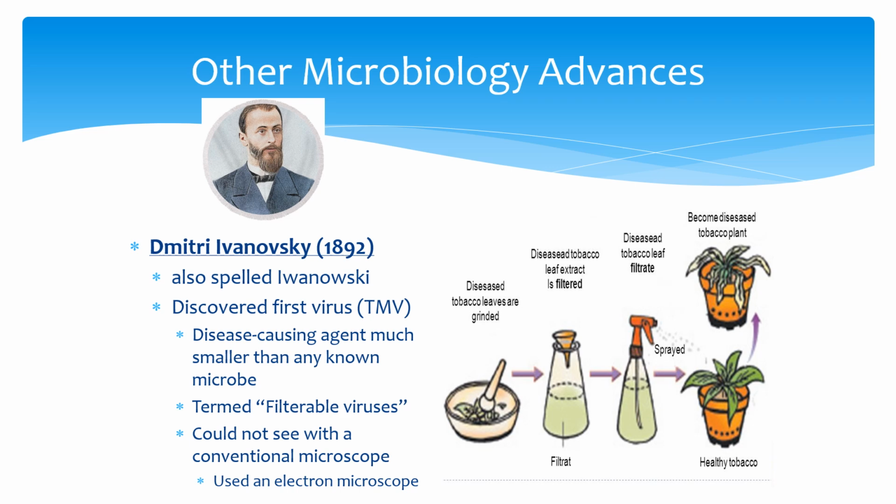From there, the tobacco plants that he sprayed would become diseased as well. So he found some disease-causing agent that was smaller than any microbe at that time being able to see or notice something. So he ended up having to be able to see it with an electron microscope.